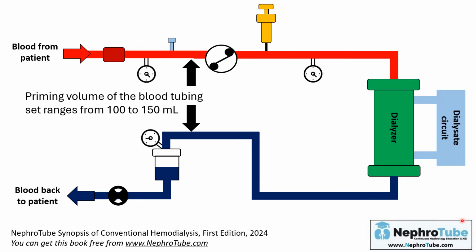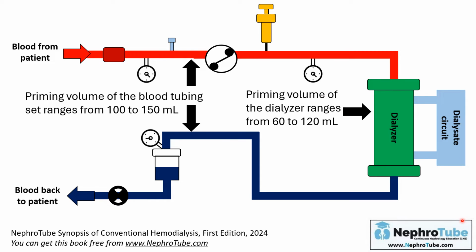The priming volume of blood that can fill the blood tubing, arterial plus venous blood tubing set, ranges from 100 to 150 ml, and the priming volume of blood that can fill the dialyzer ranges from 60 to 100 ml, depending on the type and the surface area of the dialyzer itself.